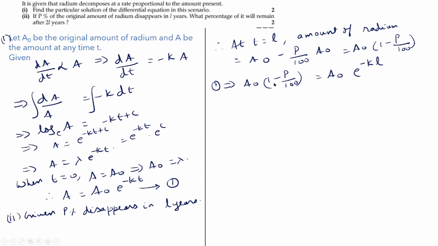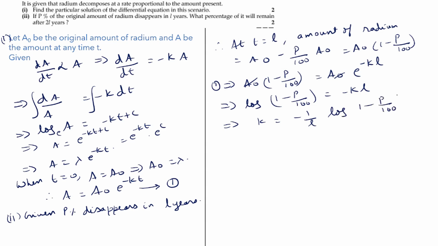So A becomes A naught into 1 minus P by 100 and T becomes L. So from this we can find K. So these two will go. If we take log on both sides, we get log 1 minus P by 100 equal to minus KL, or K is equal to minus 1 by L log of 1 minus P by 100.